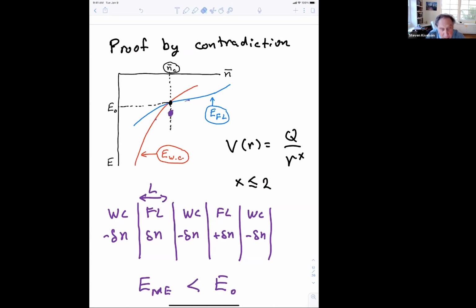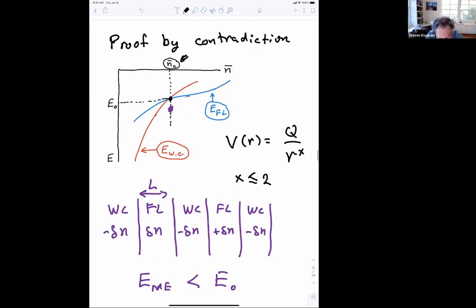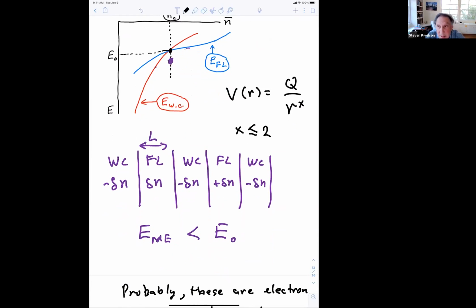And so the proof goes like this. If this transition occurred, then at this critical density, we would have a phase which could either be a Wigner crystal or a Fermi liquid, but its energy would be E0, the energy of their crossing. What we do is we construct a state with lower energy by making an alternating array. Here I've drawn it as stripes, but it doesn't matter, of region of Wigner crystal, region of Fermi liquid.